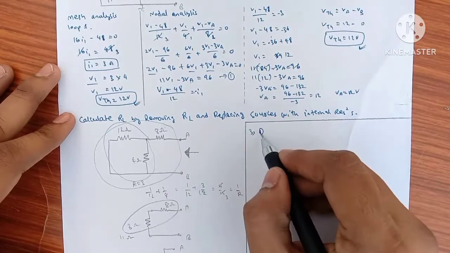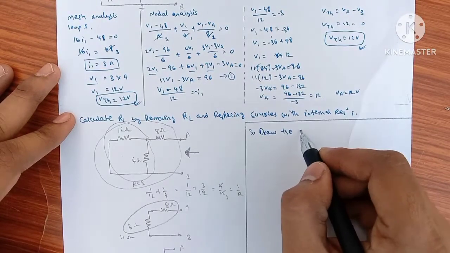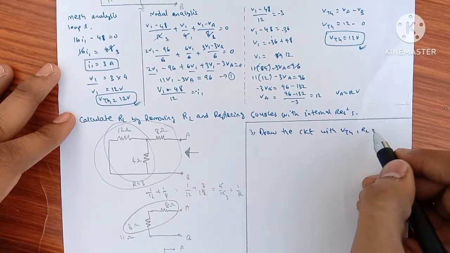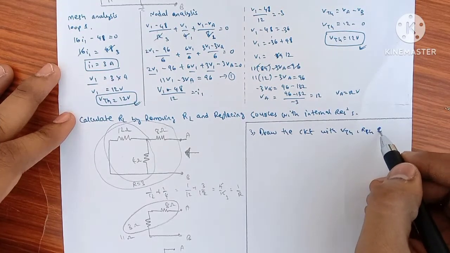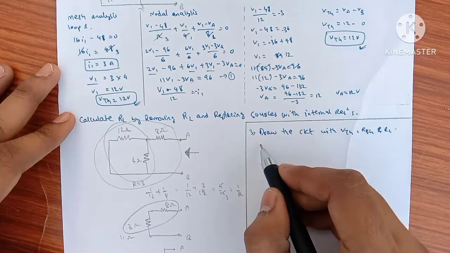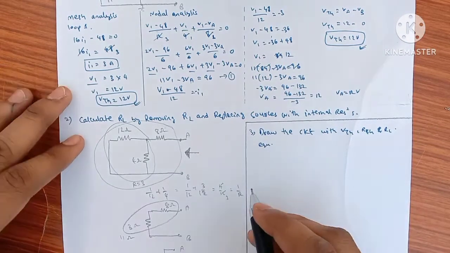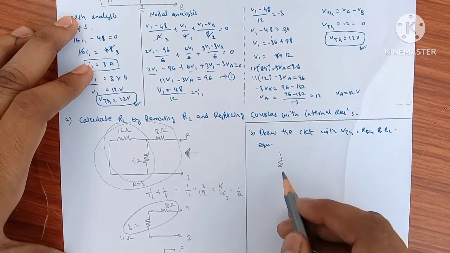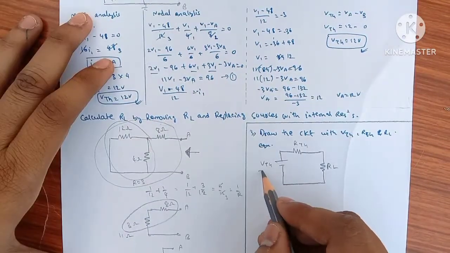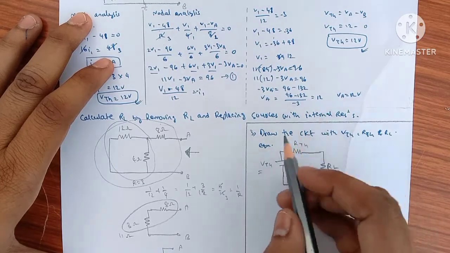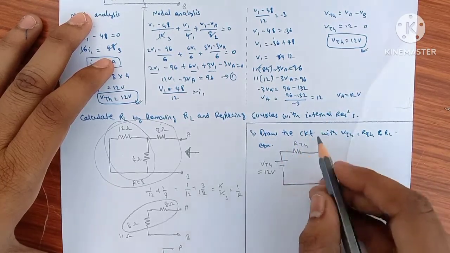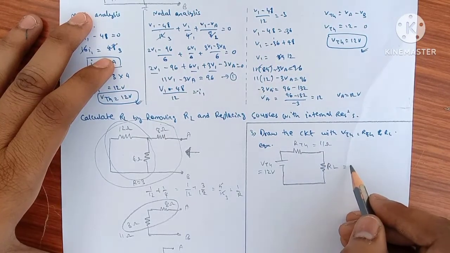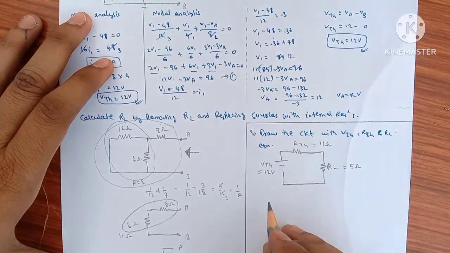Third step, draw the circuit with VTH, RTH and RL, the equivalent simplified circuit. So the circuit looks like this. Here VTH is obtained as 12 volts, RTH is obtained as 11 ohms and RL is given as 5 ohms.